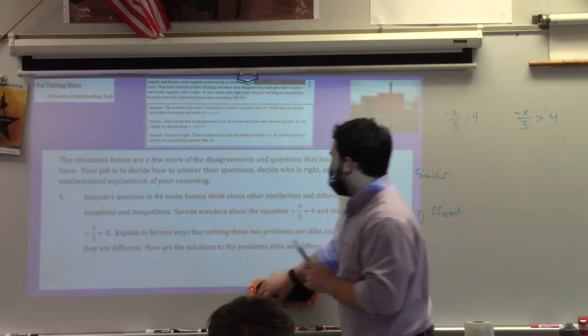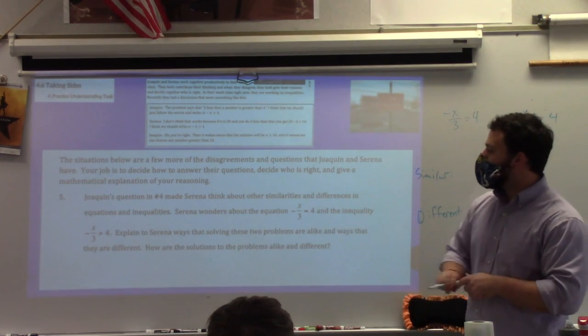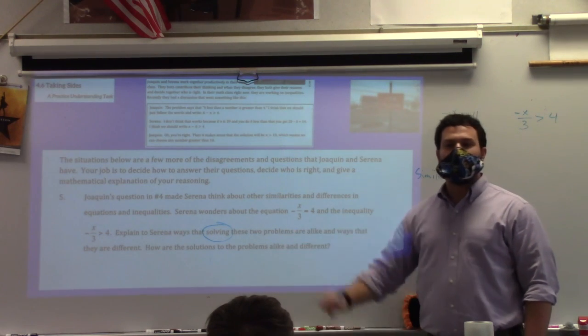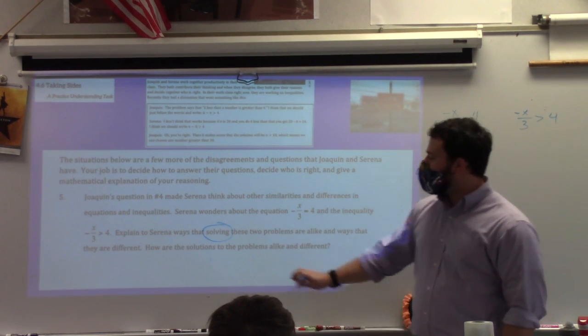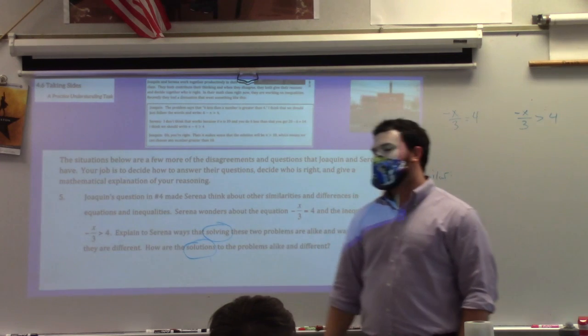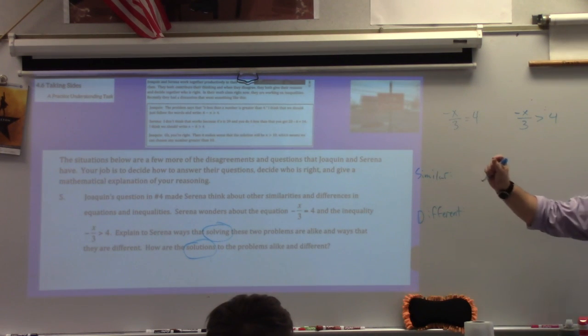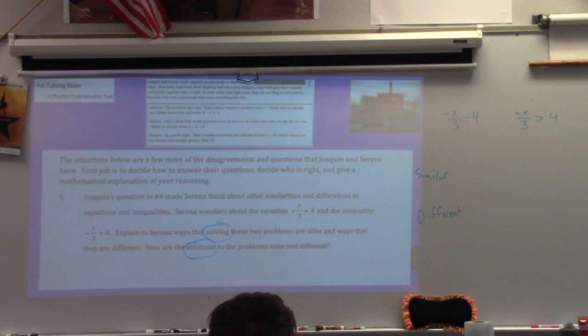With that, don't just stare at it. How are they similar, how are they different when solving? How are they similar and how are they different in terms of their solutions? So you need the similarities and the differences for both solving and for the solutions. We all good with that? All right, go ahead and start looking over it, thinking over it, and then talking with your group.